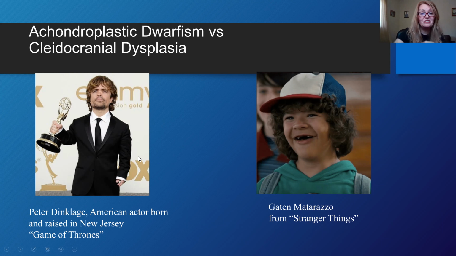So the bones do not grow longer, and you can see that he has shorter arms and legs. And this guy, Gaten Matarazzo, has a genetic condition called cleidocranial dysplasia. This is a problem with intramembranous ossification.